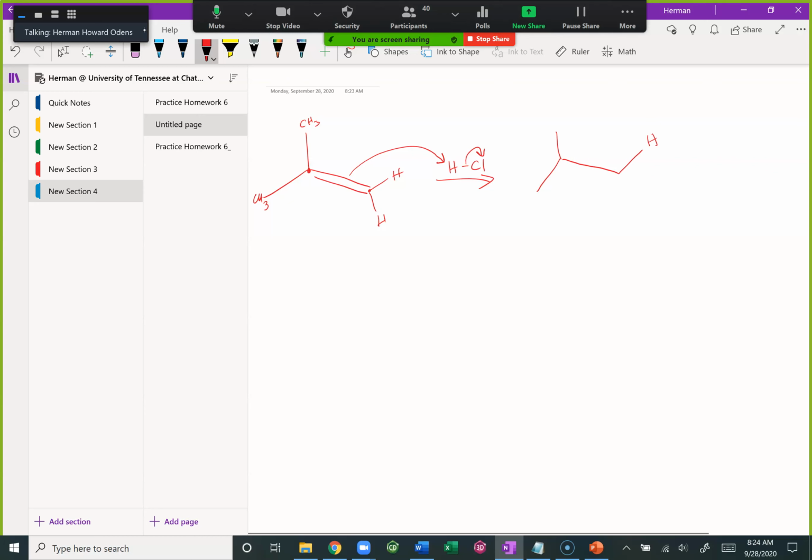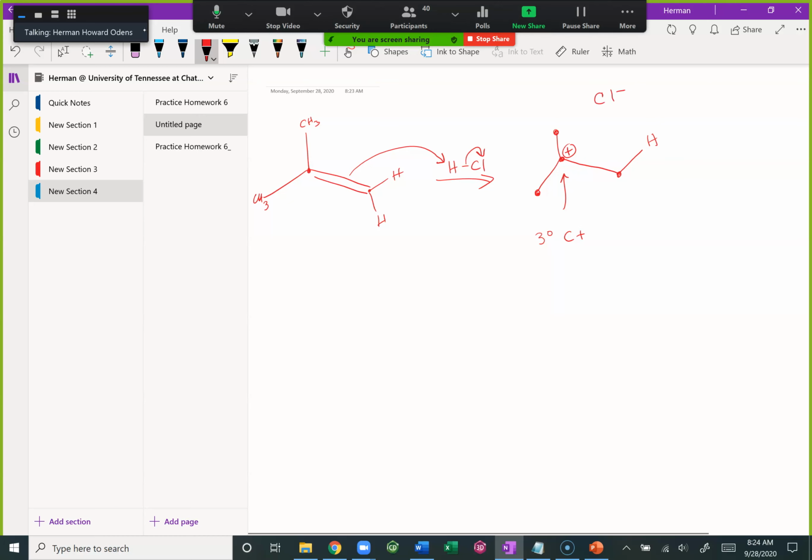I'm going to put this in there, but know that there's 2 hydrogens there too. All right, so I'm going to erase them. I put that, and then the plus goes to the most substituted carbon. This carbon has 1, 2, 3 substitution. Therefore, this is a tertiary carbocation, C+.